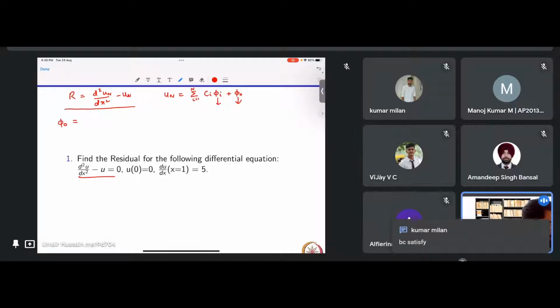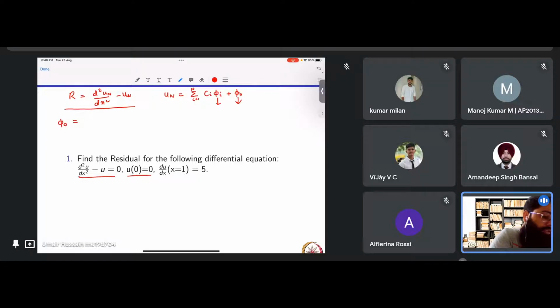Boundary condition. It should satisfy the boundary condition. Exactly. So phi naught should be a function such that for x equals 0, it should be 0, number one. And since it's a weighted residual method, we need to satisfy the natural boundary condition also. So if I take its derivative, for x equals 1, it should be 5.